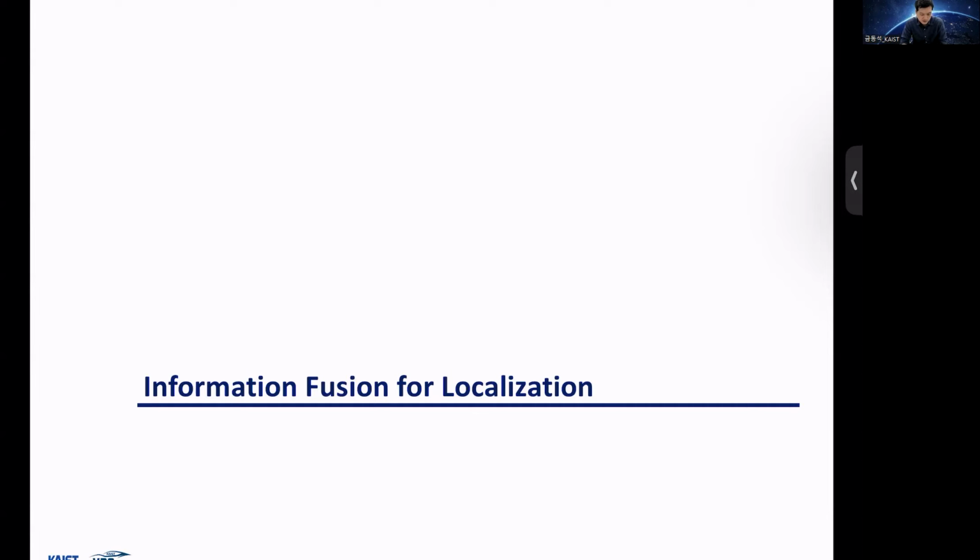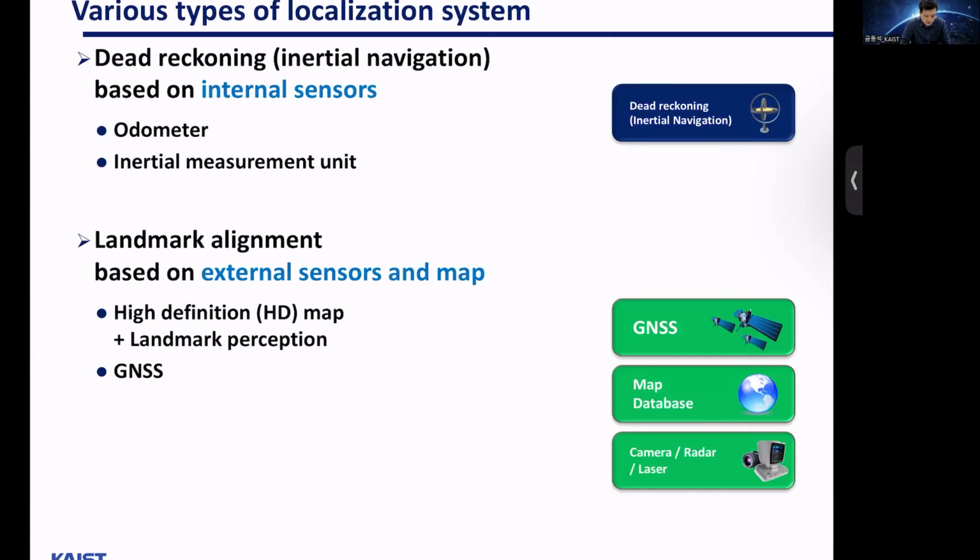For localization, information fusion is absolutely necessary. Let's take a look. Why? There are various types of localization techniques and systems available, and one type of approach is dead reckoning based on internal sensors, such as odometer or IMU, inertial measurement units.